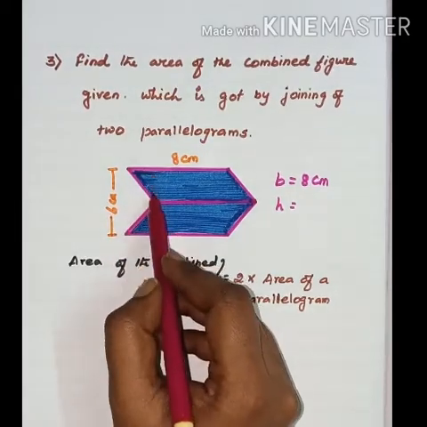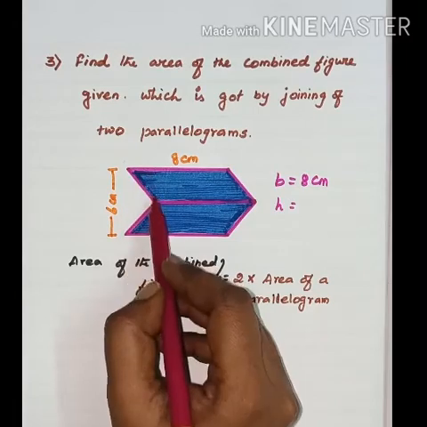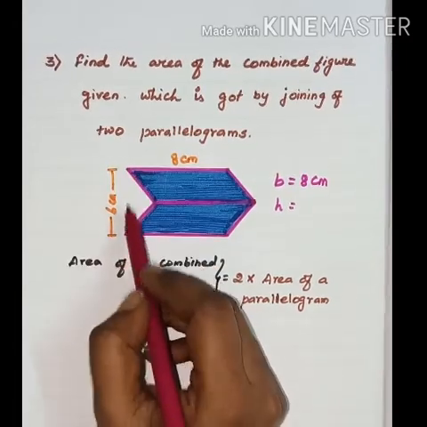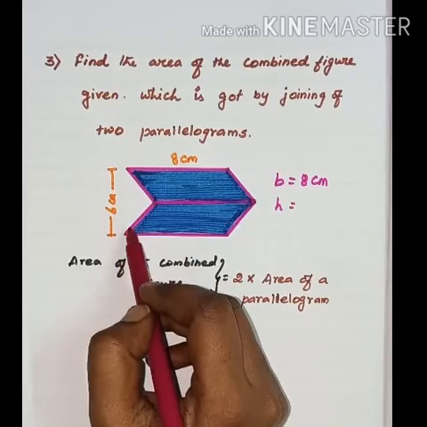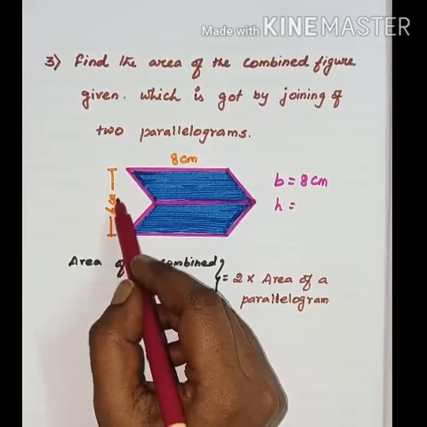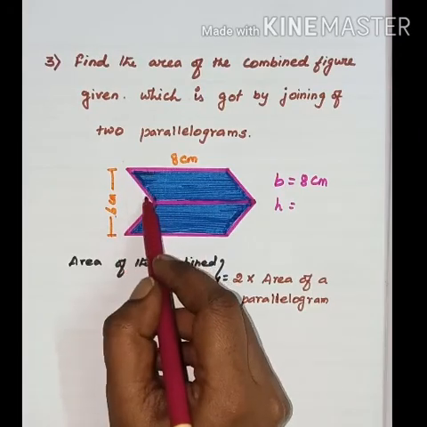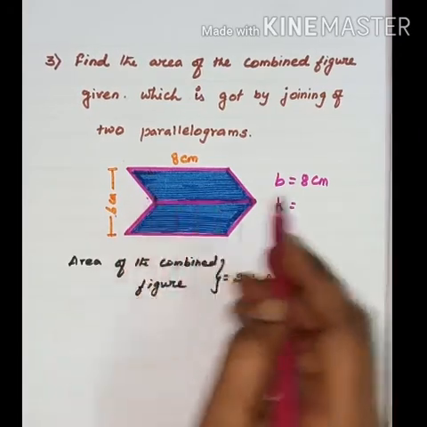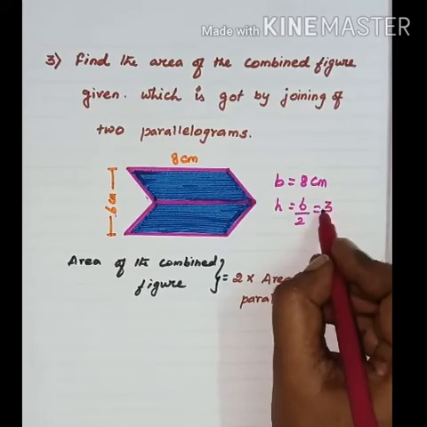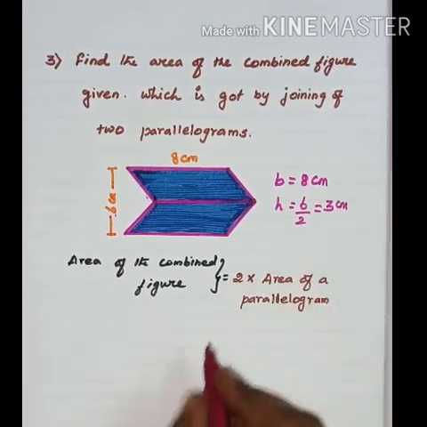We have to find the height of this parallelogram. Here it is given as the height of the two parallelograms combined. So height of this parallelogram is nothing but 6 by 2 is equal to 3 centimeter.